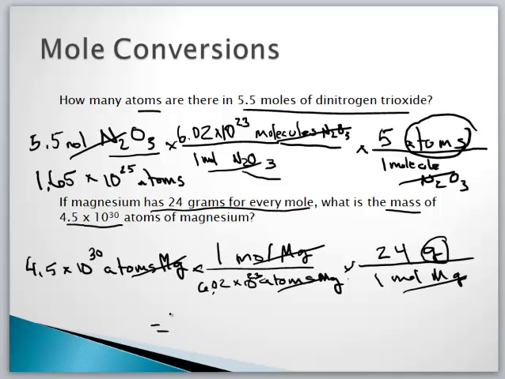So do the math. 4.5 times 10 to the 30th divided by 6.02 times 10 to the 23rd times 24 is going to give us 1.8 times 10 to the 8th grams. Now that's an awful lot of grams, but if you look, that's an awful lot of atoms, so that should make sense.